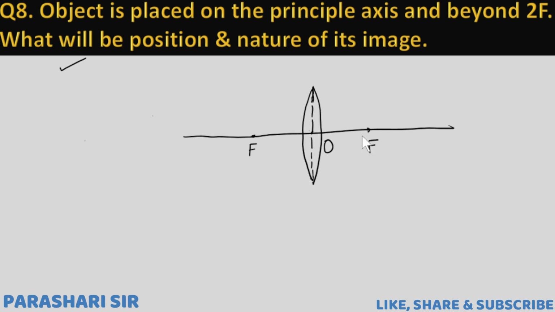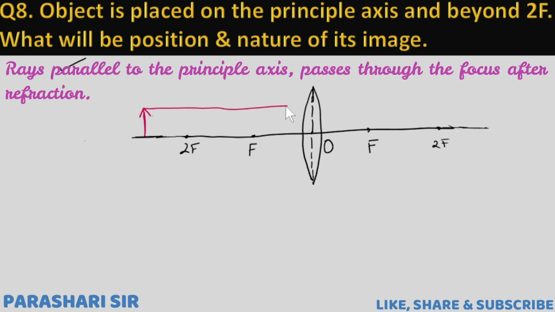Let's write now F F once you understand. So this should be 2F on the left side and this is 2F on the right side. All is set. Now here is the object that lies beyond 2F. Ray parallel to the principal axis. After refraction, it has to pass through the focus.